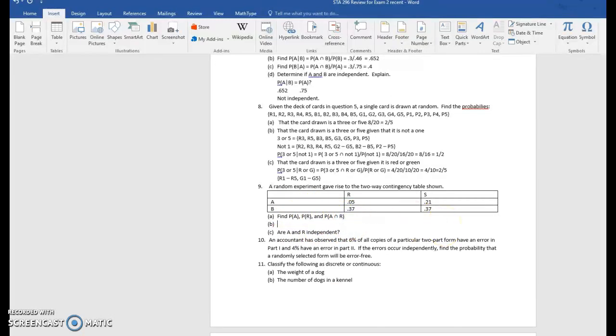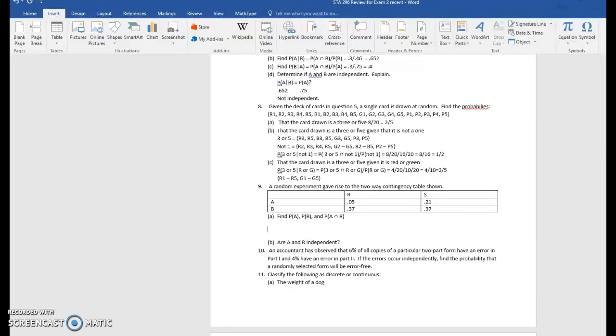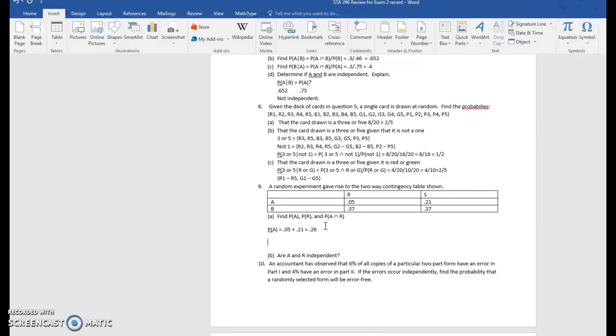All right, so let's start with the probability of A. I don't know why it's always giving me the extra letter. All right, so the probability of A, we want to add all the way across the A row. So that's 0.05 plus 0.21. That's going to give us 0.26. The probability of R, we want to add the R column.